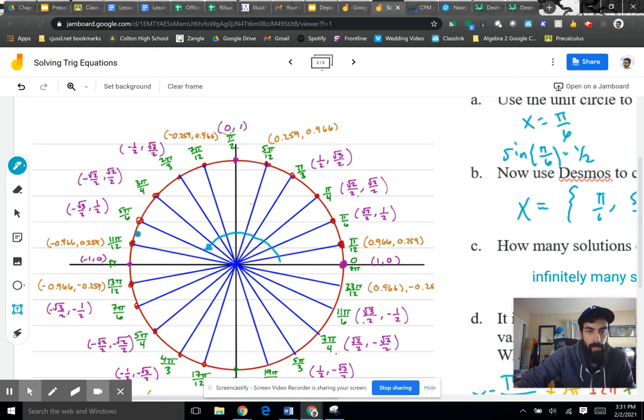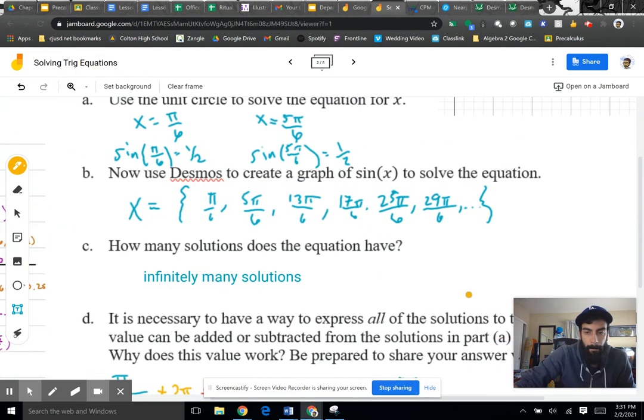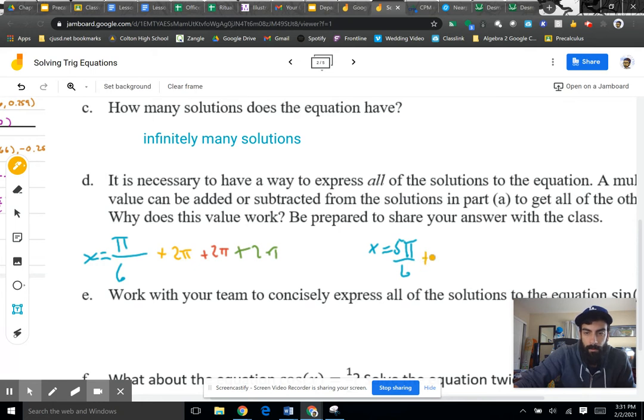That's our first solution based off 5 pi over 6. But from here, we can go around the unit circle one full rotation, which is another 2 pi radians. So we have 5 pi over 6 plus 2 pi. That would be the next solution. And then we can go another trip around the unit circle, and we would add 2 pi again.